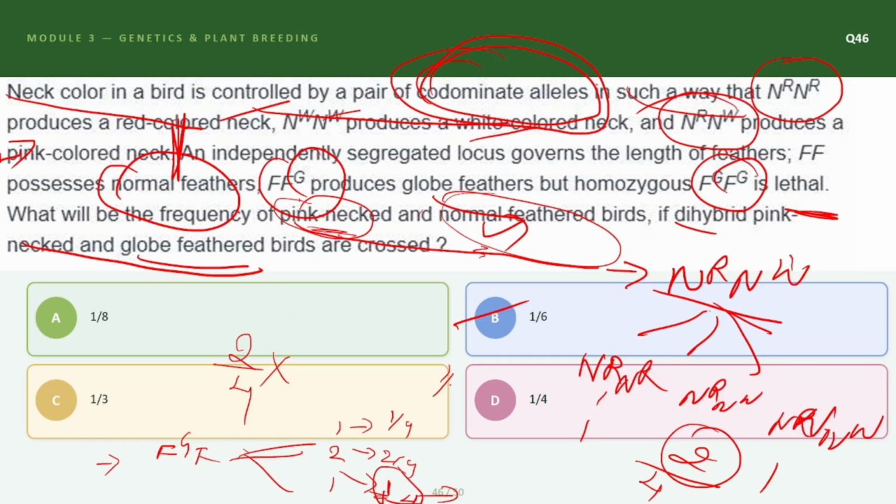Then you take 1 by 4 out of 1 by 4 plus 2 by 4. You just solve this. 1 by 4 plus 2 by 4 is 3 by 4. Then 1 by 4 divided by 3 by 4.